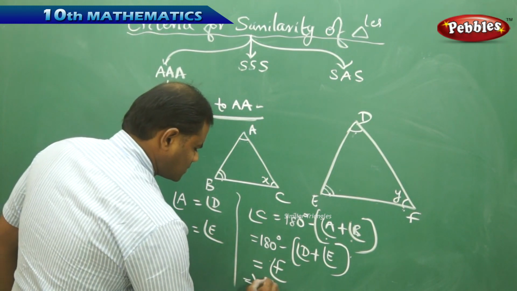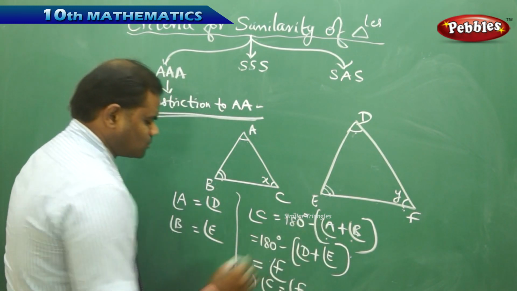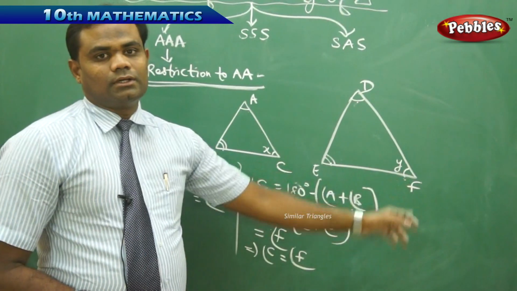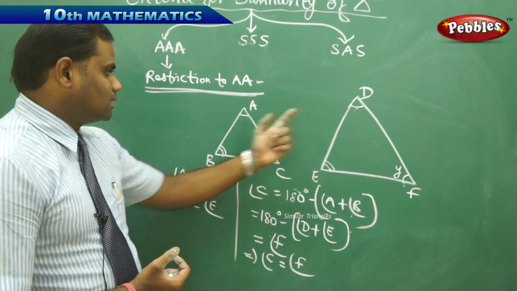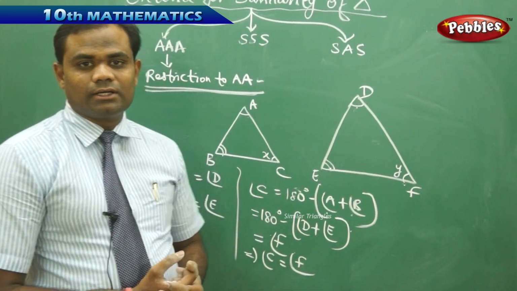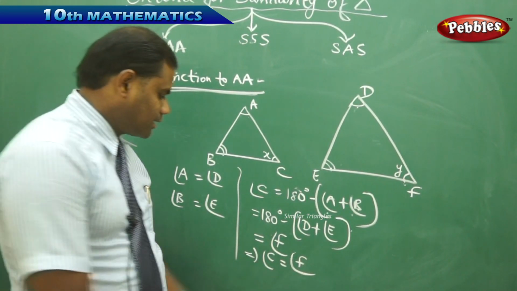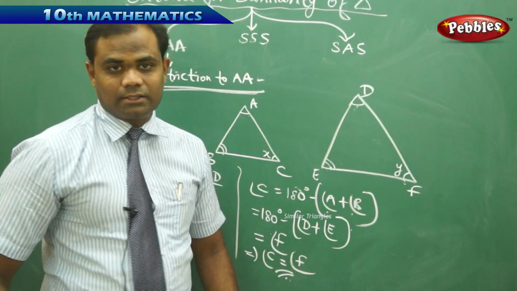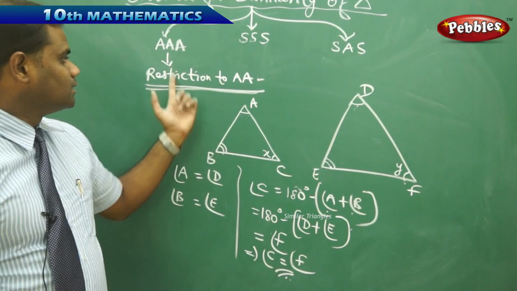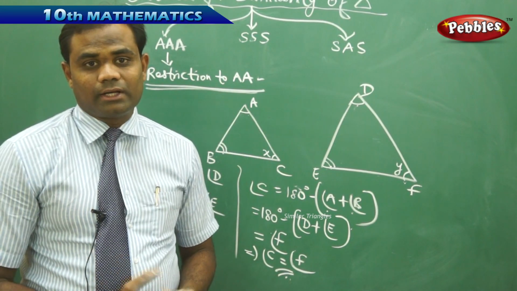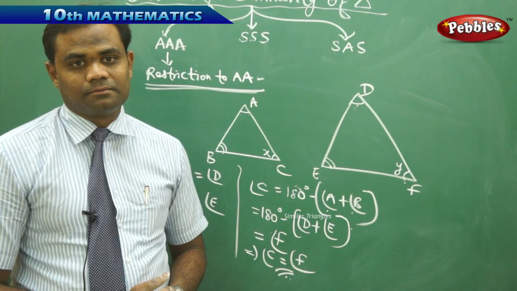Therefore, this concludes that angle C is equal to angle F. So if two angles are correspondingly equal, then obviously the third angle will be equal, and hence triple A similarity can be restricted to being called double A similarity.